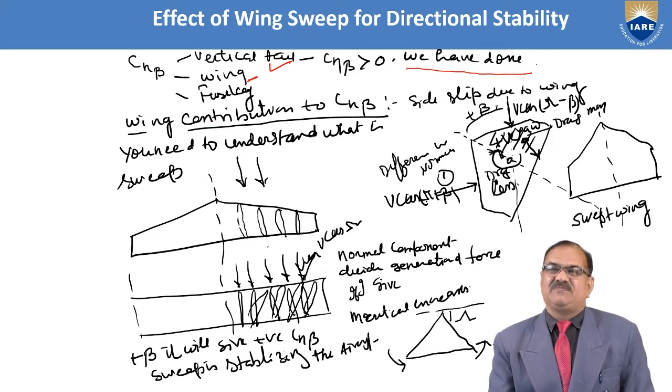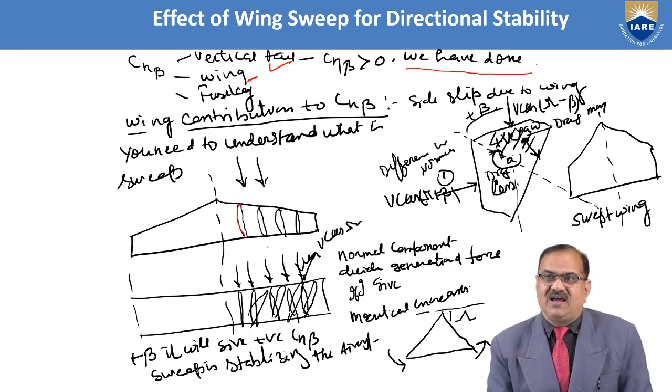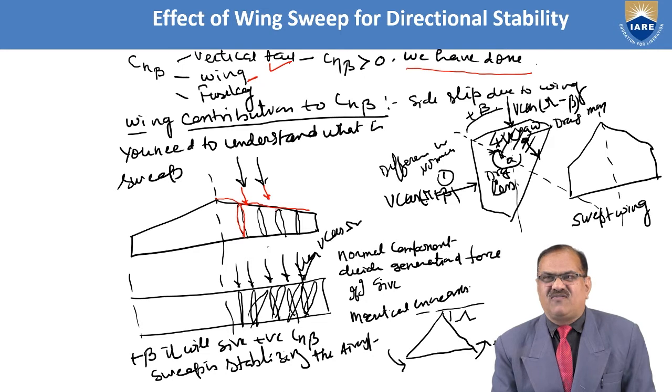Here, sideslip due to the wing. You need to understand that here, all these aerofoils are in line. Your wing is made to look swept, but actually this is not a sweep, because the direction of your chord and the direction of the wind are in the same direction.